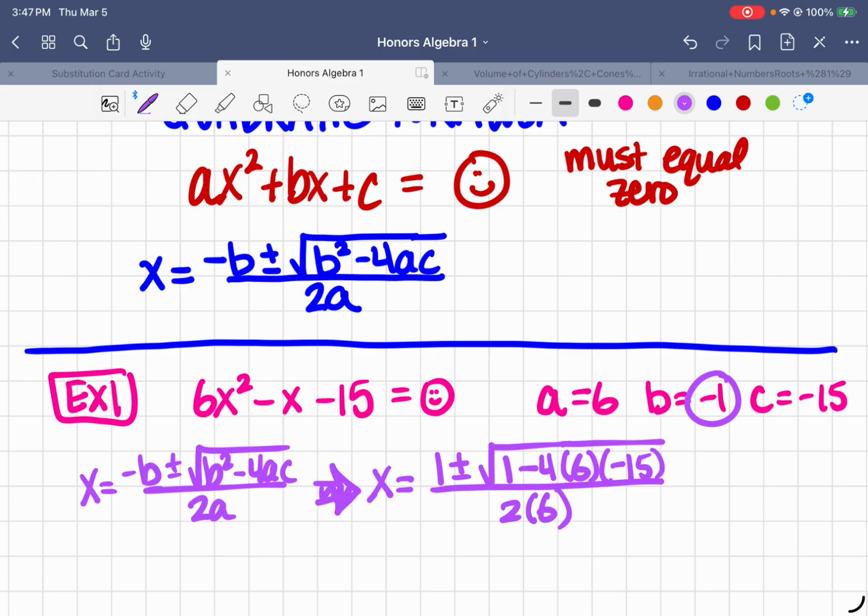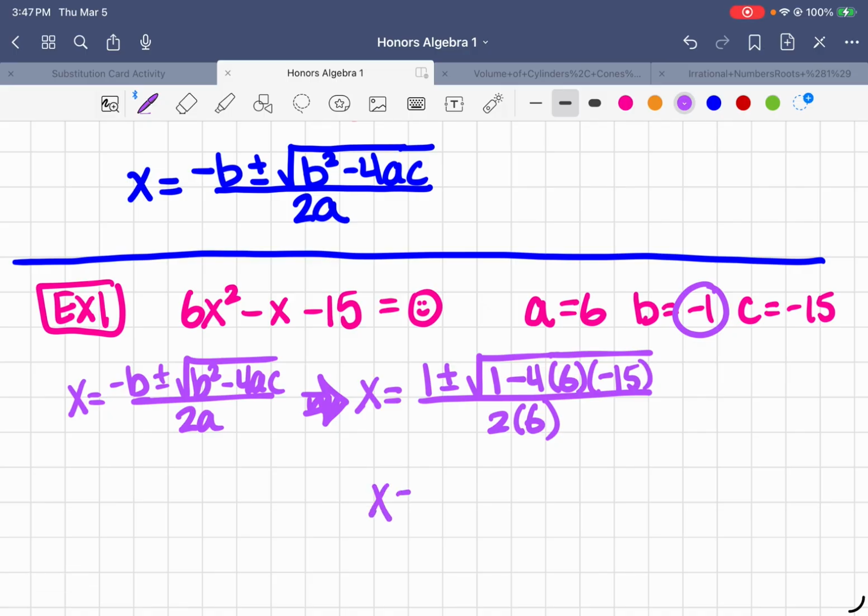All right. So x is equal to 1 plus or minus the square root of 1 plus, and I know it's a plus because I've got this minus sign and this negative that we're going to multiply together. Those two make a positive. And I get 4 times 6 times 15 is 360.